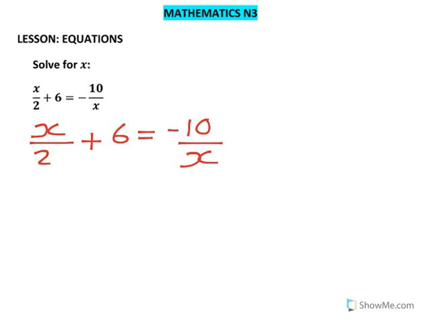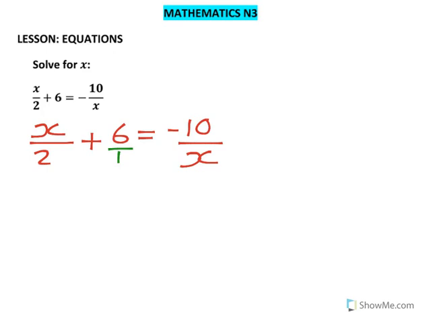Now this is what you need to do. First, you need to add the fractions on the left hand side so that you've got a single fraction, and then you can cross multiply. When you do that, what are you going to have? You can say this is the same as 6 over 1, and then you can find a single fraction.